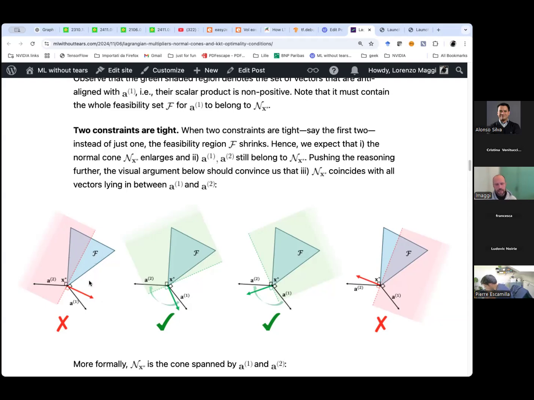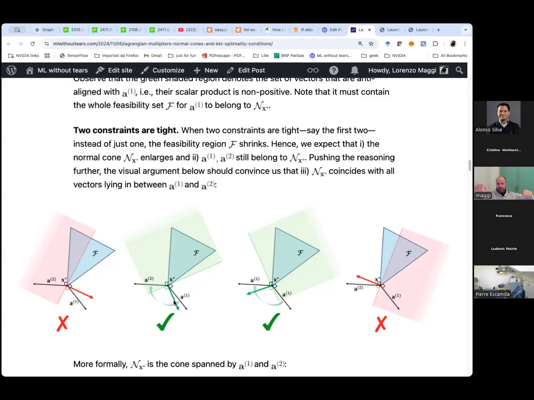It is contained in the upper plane if the vector is in between A1 and A2. If the vector is here and you draw the hyperplane associated with that, the feasibility region F lies completely inside of it.